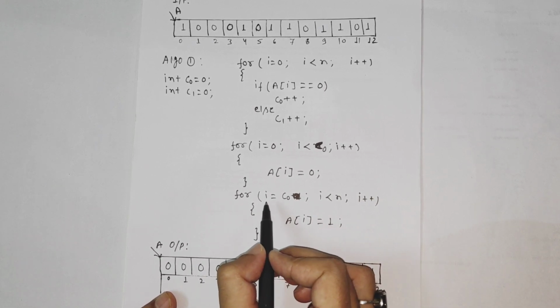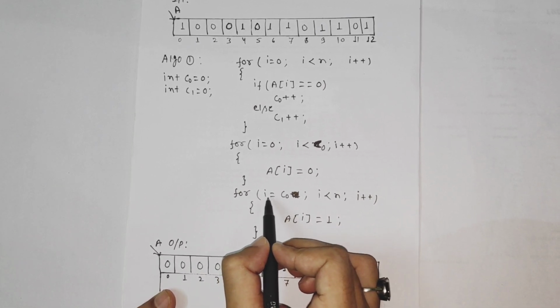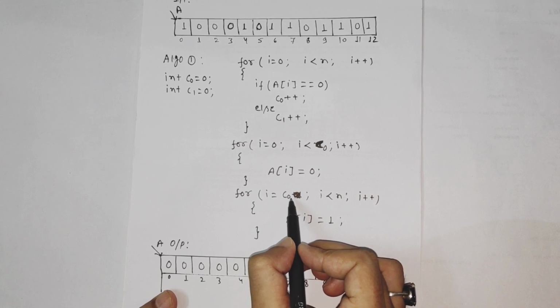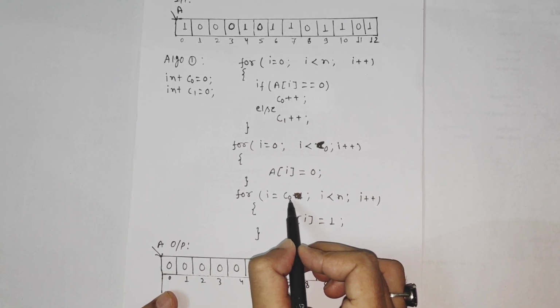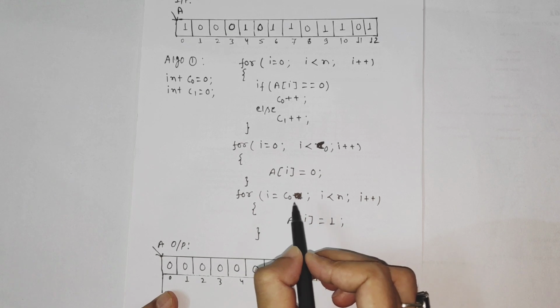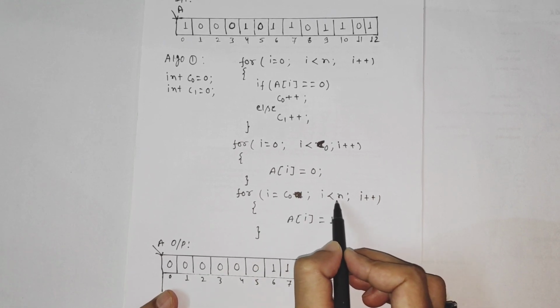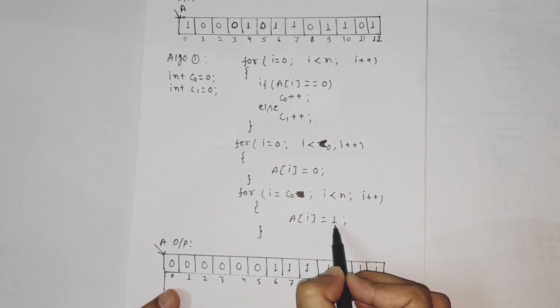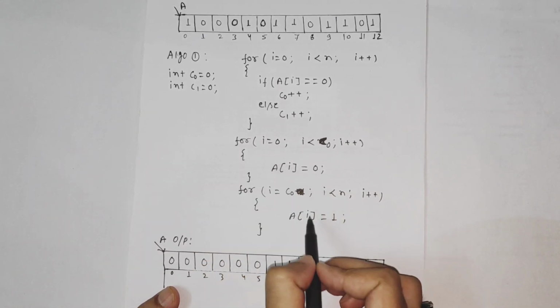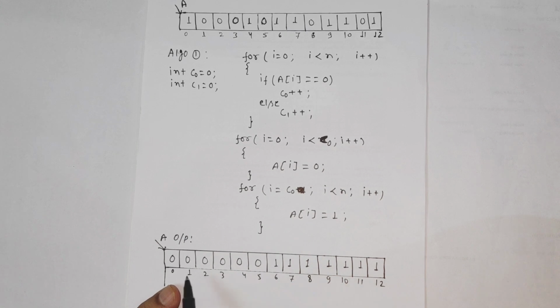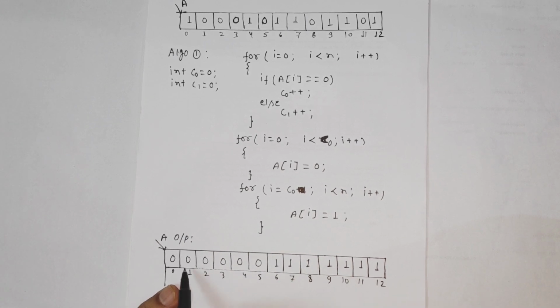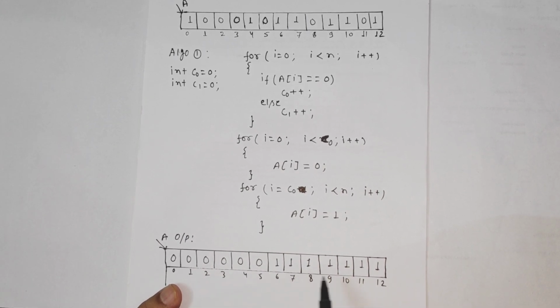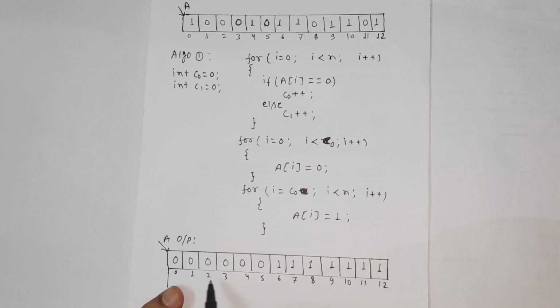So we will start from i equal to C0, because this represents my number of zeros. After that, I have to fill the ones, so it will run to n and I am filling all the ones in the remaining array. After these for loops, the array will look like this. So now we are able to segregate the zeros and ones. Now my array is sorted.